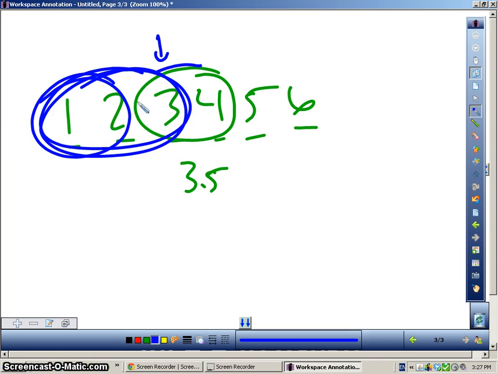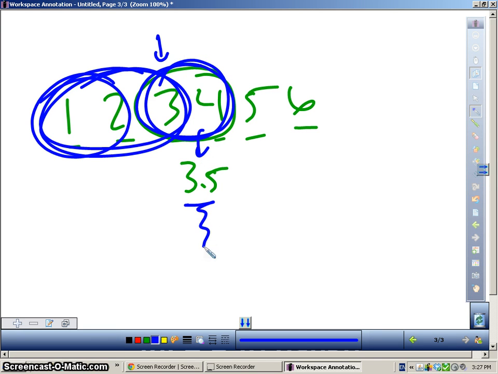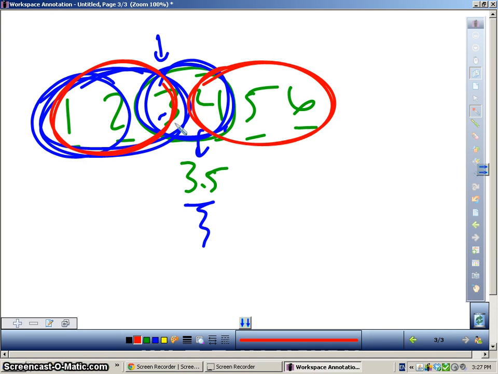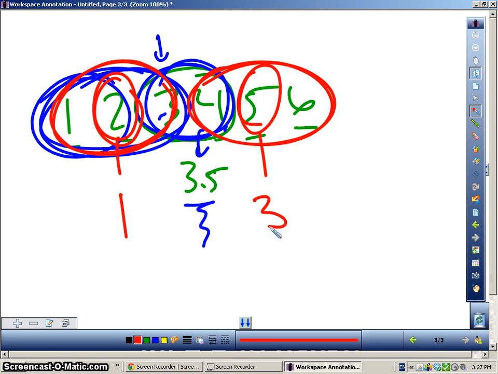But when we do this and we have to average it in the middle to get 3.5, 3.5 is your median, 3 is not, and 4 is not. So when you go to find your first quartile, you've got to include the 3. When you find your third quartile, you have to include the 4. So don't mess that up. So right here, 2 would be our first quartile, and 5 would be our third quartile. Okay, and I talked about that pretty extensively in class.